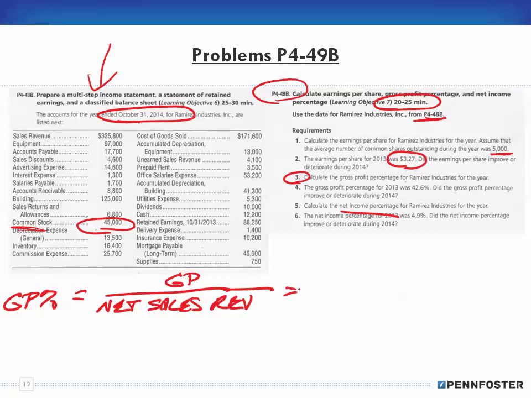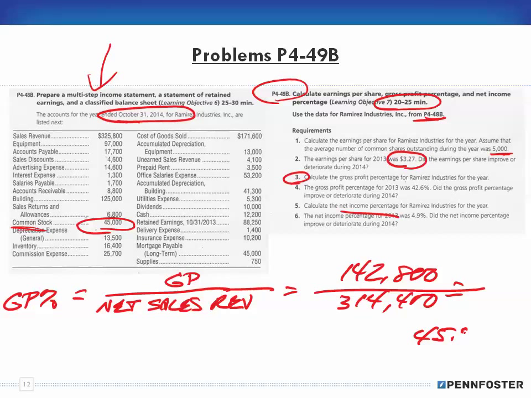You can see that the net sales revenue is $314,400, and our gross profit is 2 more lines down from that at $142,800. So when you divide one by the other, you end up with 45.4%.